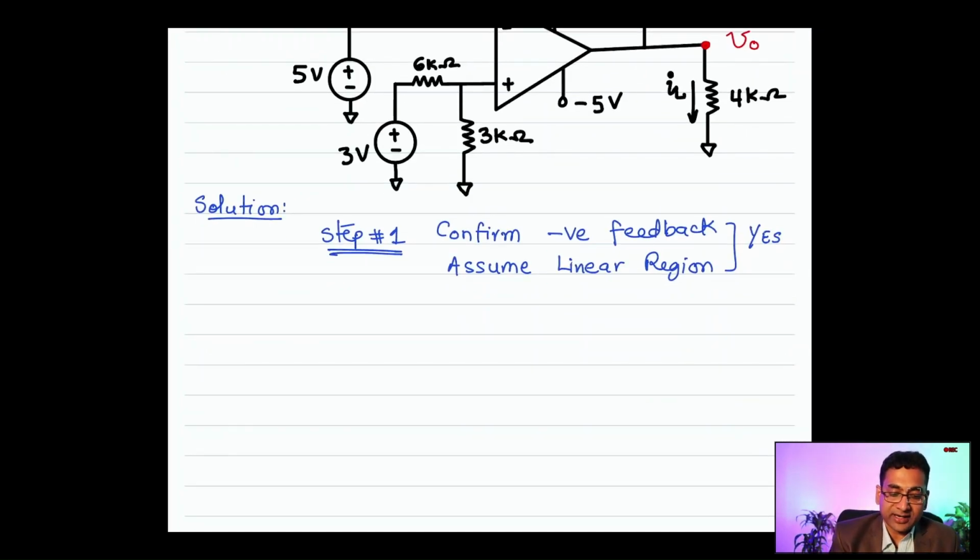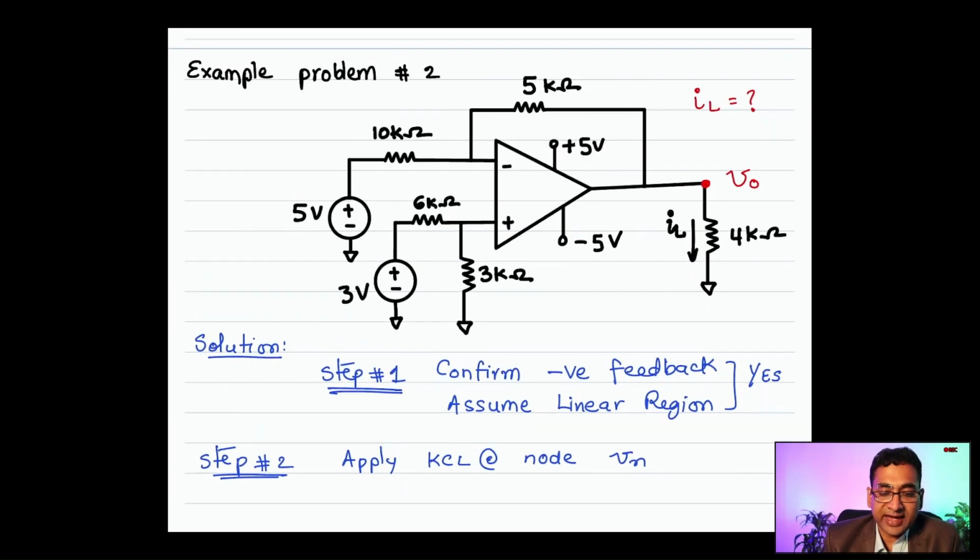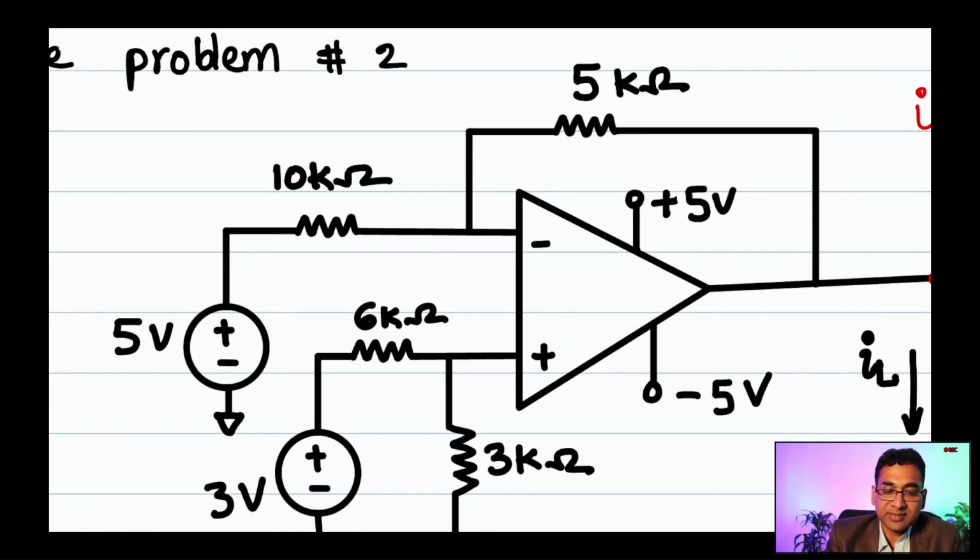Okay, that's step 1. What is step number 2? Does anybody remember? Apply KCL at node Vn. So where is Vn? Look at this problem.